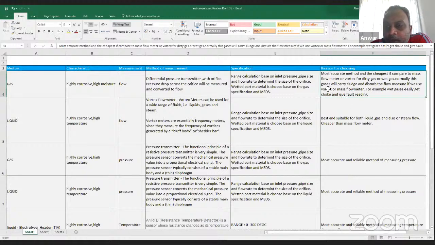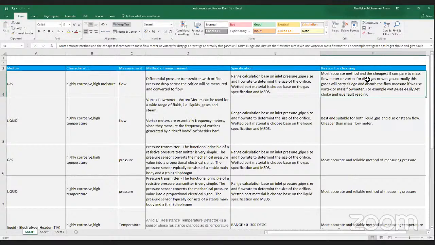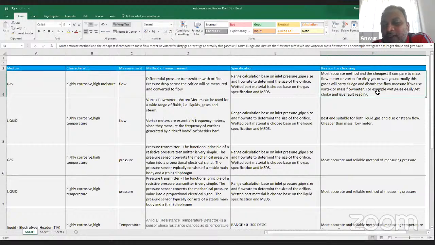Okay, and if you choose the wrong selection here, what will happen? This is the table that my technician did in earlier days, on system reliability. In simple words, they easily get choked and also give faulty readings. So what does it mean? It will impact the reliability and smooth operation. Whenever this happens, what is the impact to operation?